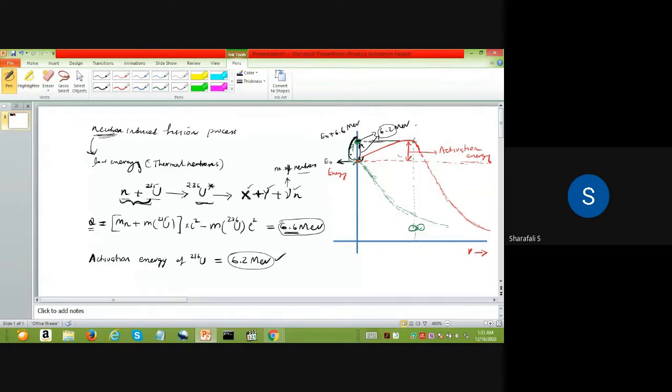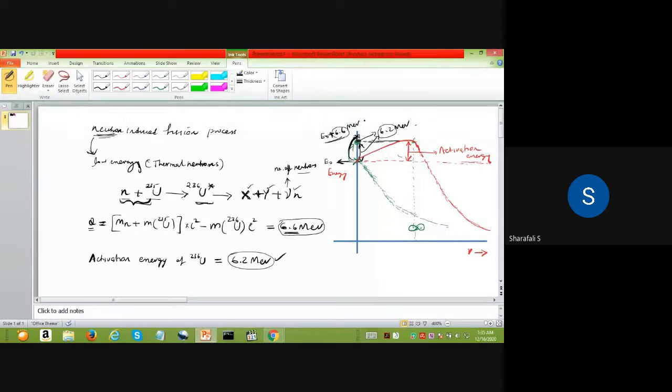But when it goes to the excited state by absorbing that neutron, then it will be in the excited state with more energy, that 6.6 mega electron volt of additional energy, and this 6.6 mega electron volt is more than this activation energy of 6.2 mega electron volt.